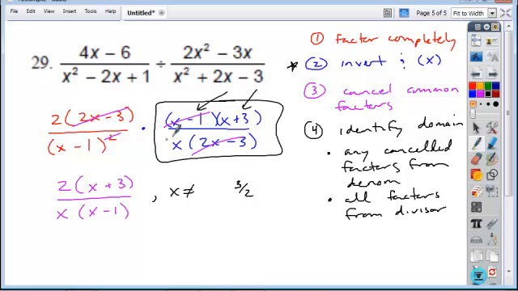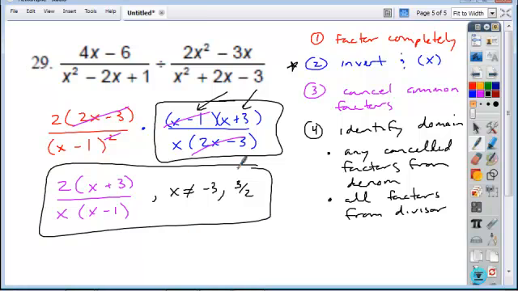And if any of these factors equal 0, our answer would be undefined. So when we look at this, the x minus 1 is already accounted for in the expression itself. But the domain restriction that x can't be negative 3, that's not accounted for already. So you do need to include that as an additional restriction.